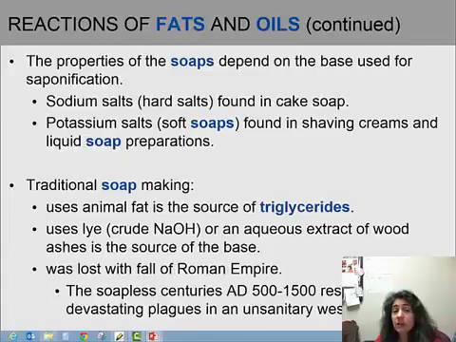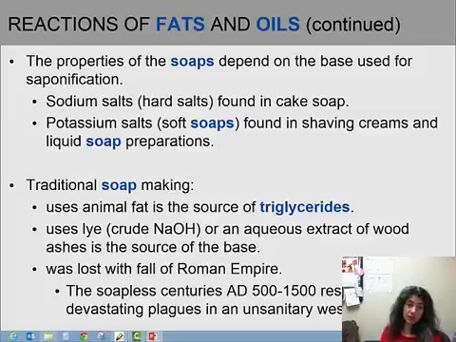We've talked about hard soap and soft soap. Sodium salts for hard soap, and then our potassium salts for a soft soap. And traditional soap making has been around quite a long time, right? Traditionally they would get some animal fat, some lard, they would get some lye, and lye is just non-purified sodium hydroxide, and you can get it out of the ash from a fire.